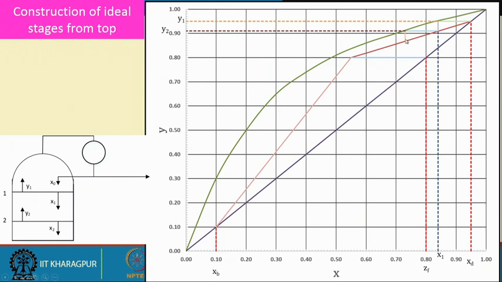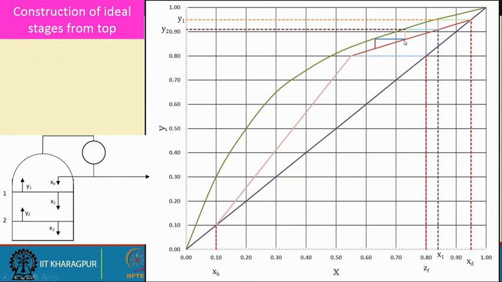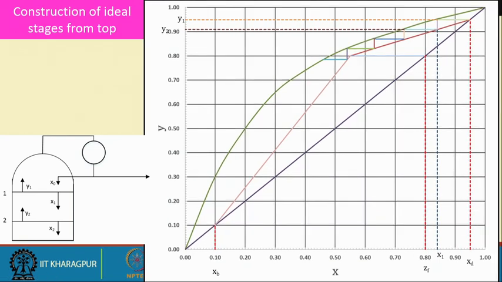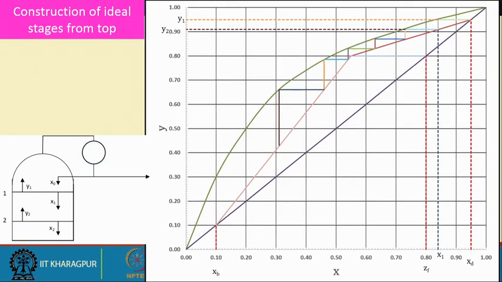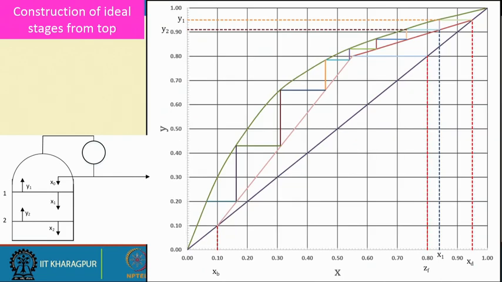In a similar manner we keep on constructing this staircase by considering the equilibrium curve and the operating line alternately, and we are able to draw these staircases one by one until we reach the XB, that is the composition of the benzene at the stripping section.